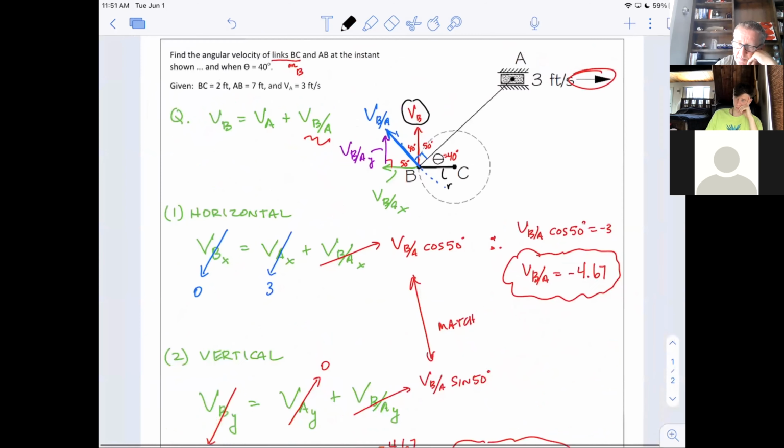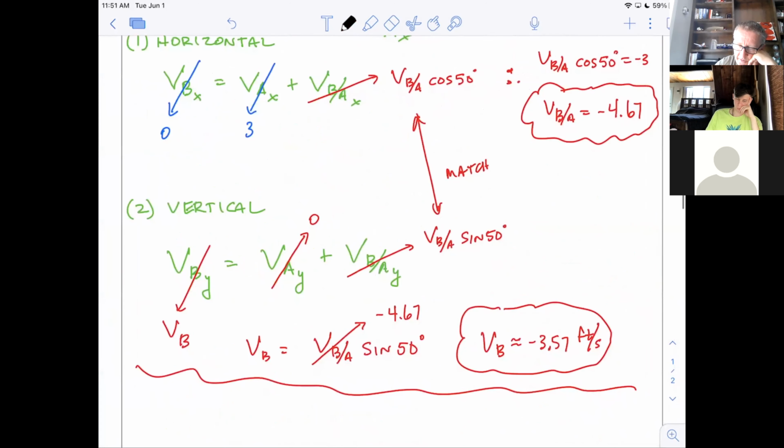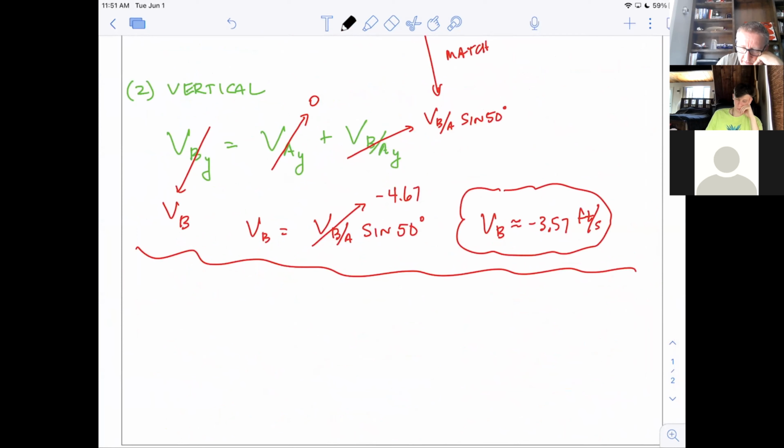Since the conversion between velocity and angular velocity is V equals omega times R, we need this to be the velocity of B, and we need this to be the omega of B, and we need this radius to be AB.